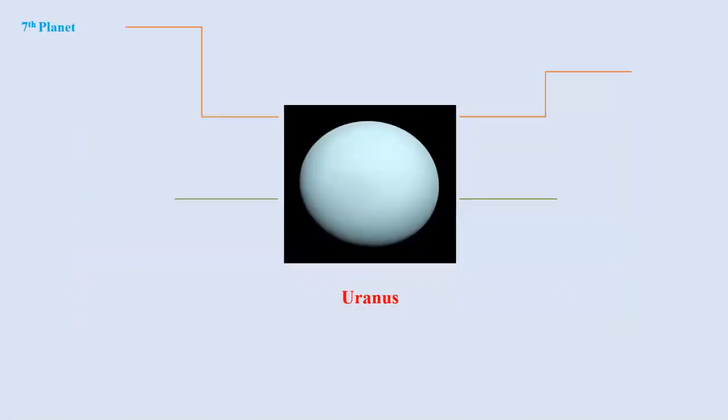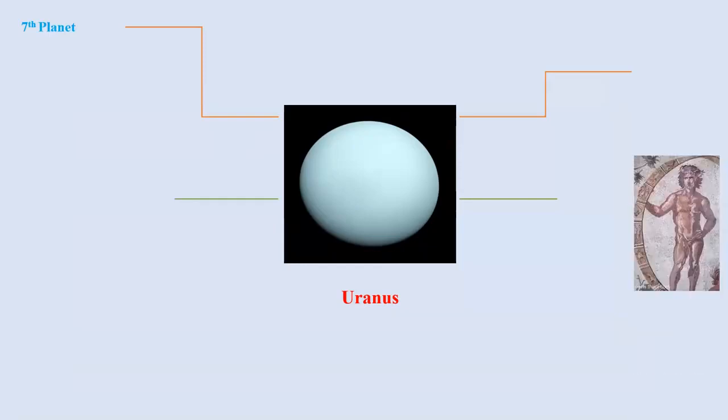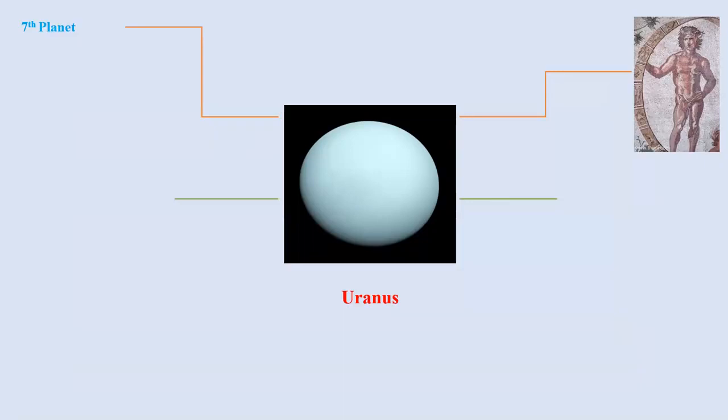So students, Uranus is the 7th planet from the sun. It is named after the Greek god of the sky, Uranus. It cannot be seen without a telescope. It was the first planet to be discovered with a telescope, by the astronomer William Herschel in 1781.